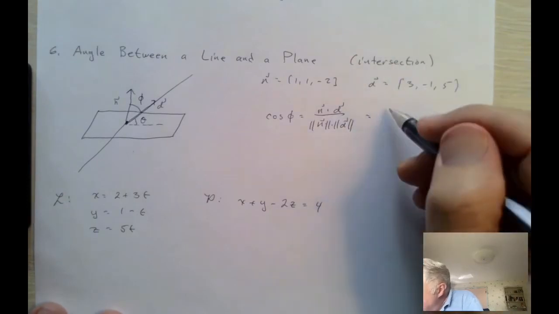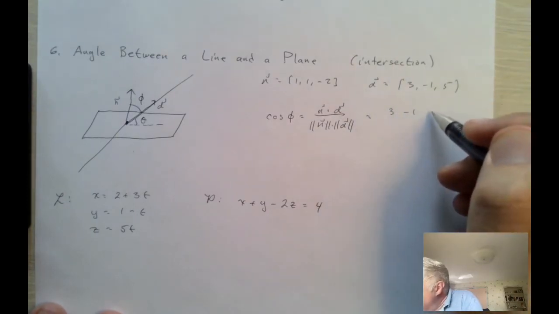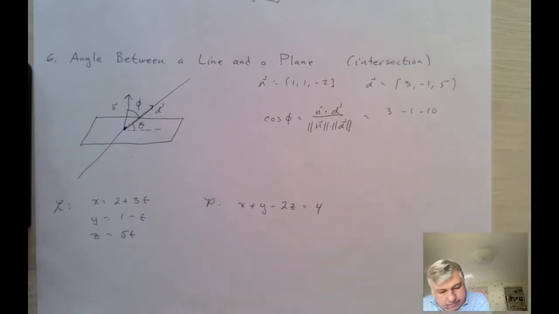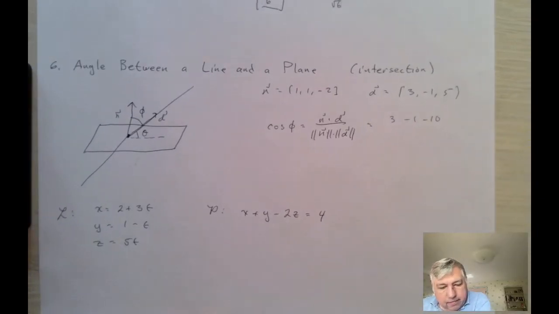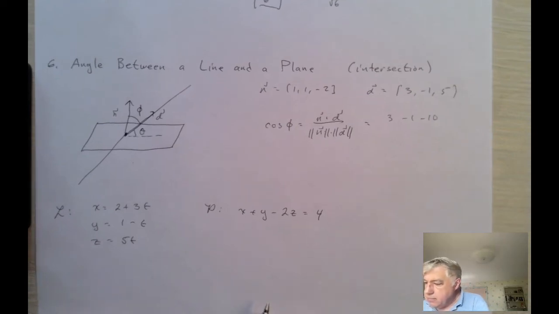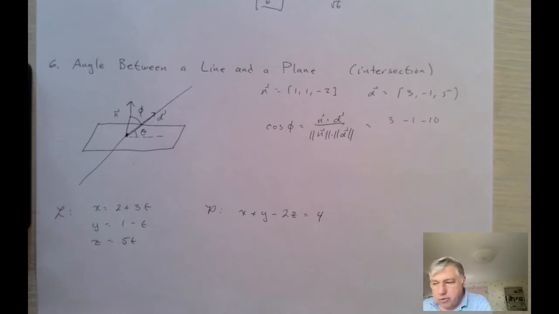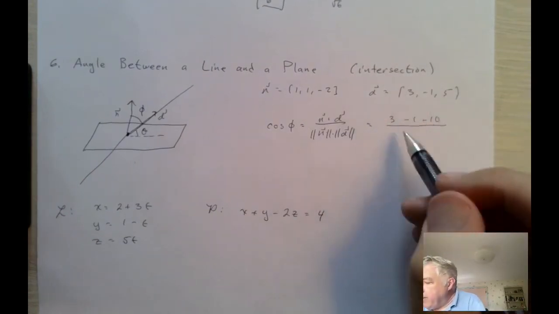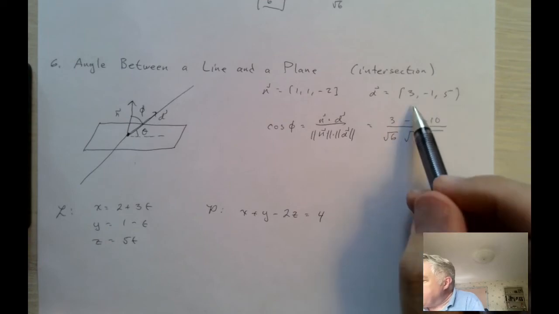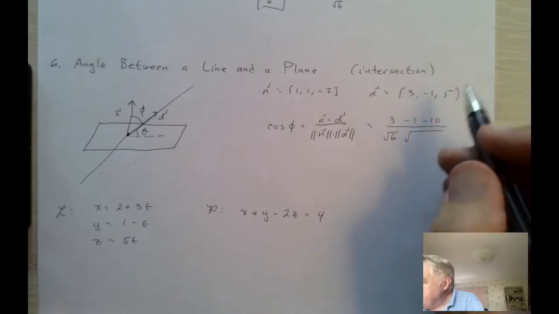This is going to be 3 minus 1 minus 10. And then the length of n, we know that's the square root of 6, and the length of d is going to be the square root of 9 plus 1 plus 25, so that's 35.